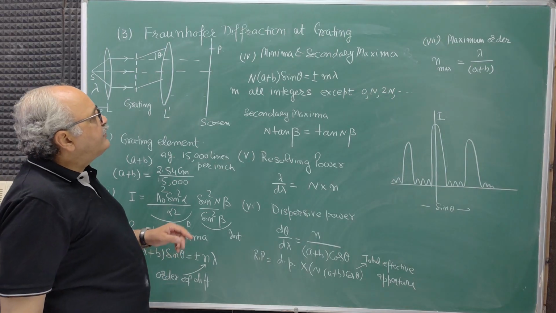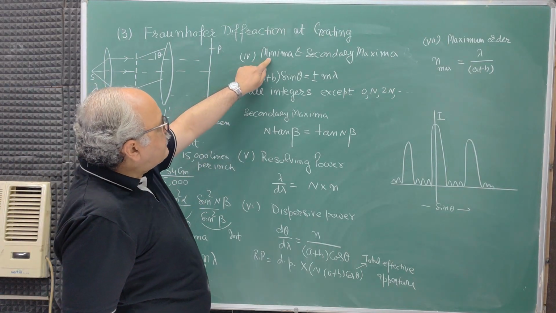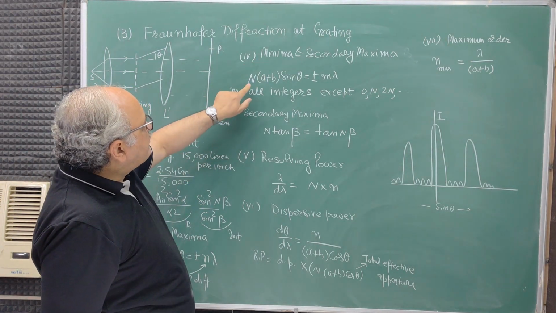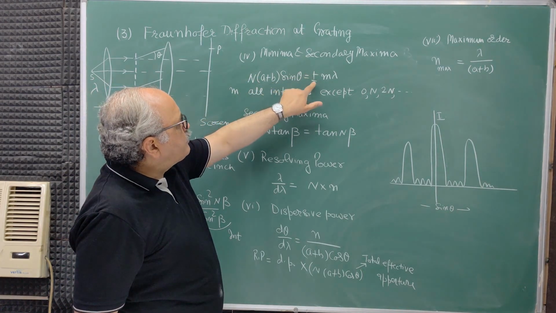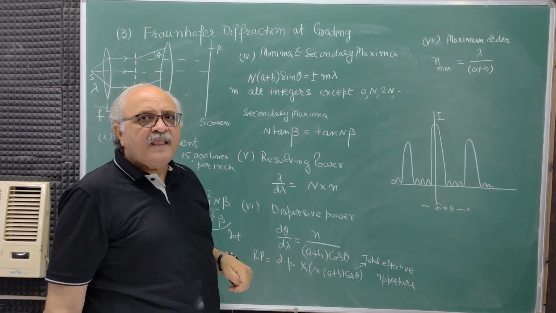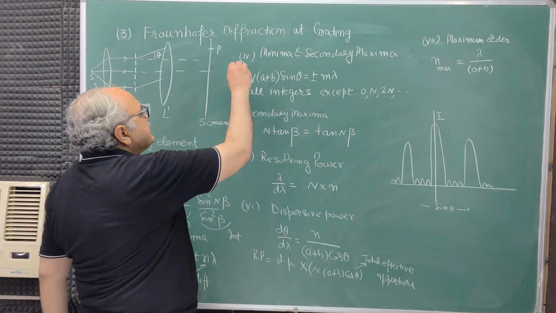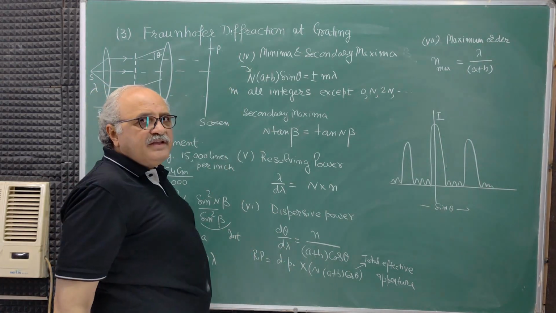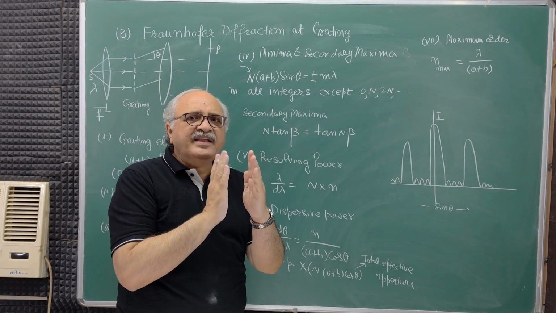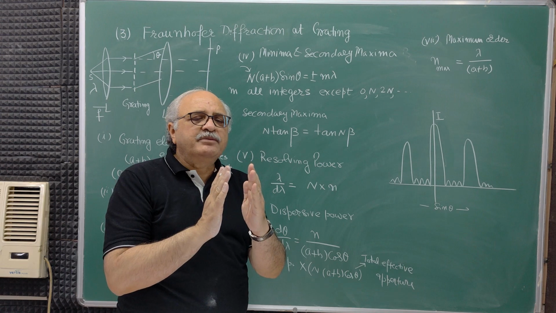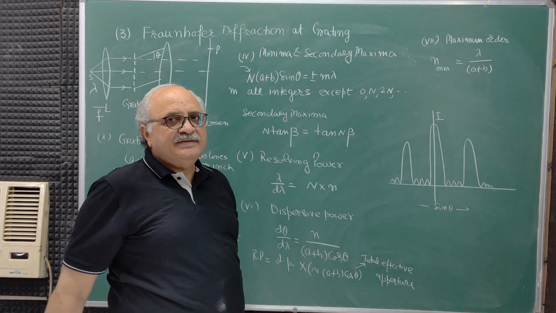Now we have the condition for minima, and the condition for minima is N (a plus b) sine theta equals plus minus m lambda. Please remember, here this capital N is the number of grating elements which are covered by the incoming light, right?